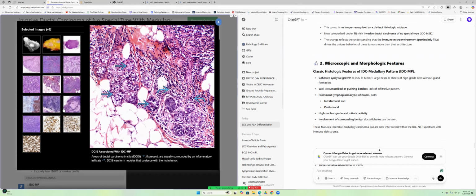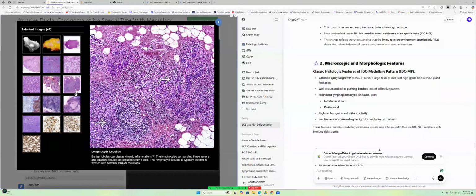These cells can coexist with it. It's scary. Yeah, I'll leave that. What kind of lymphocytes are surrounding these medullary cancers? That's the germinal centers. T lymphocytes are the ones surrounding it. Okay.